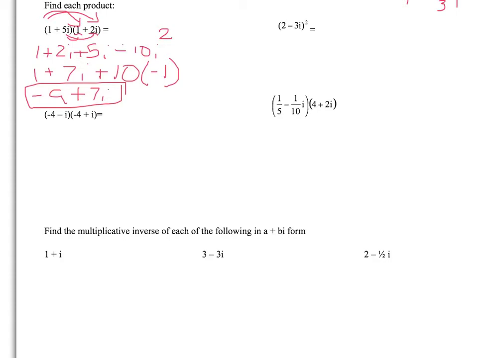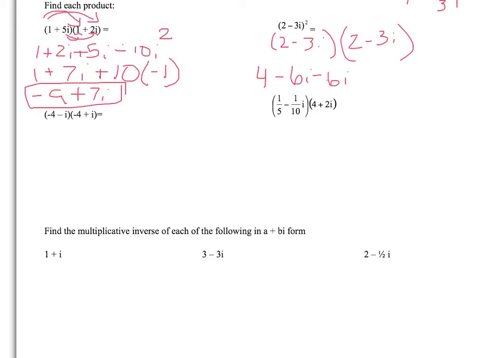2 minus 3i quantity squared. Remember when we have something squared, it's a good idea to do 2 minus 3i times 2 minus 3i like that. And then FOIL. 2 times 2 is 4. Minus 2 times negative 3i is a negative 6i. Negative 3i times 2 for that inside is negative 6i again.